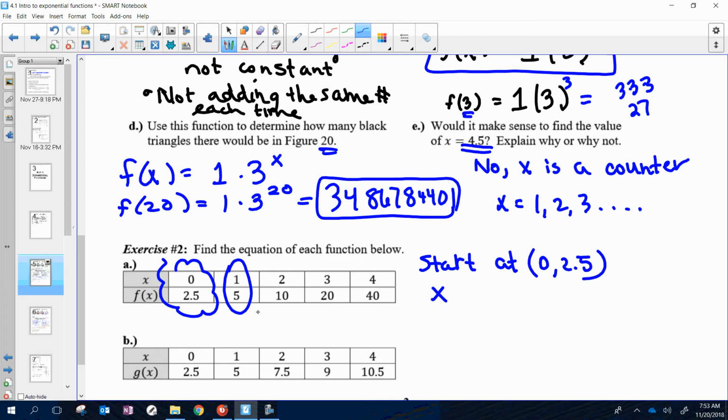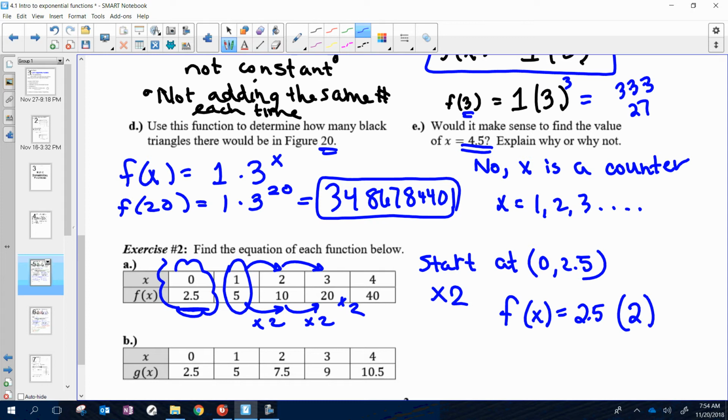And we are repeatedly multiplying by 2. If you look at the pattern, each time x goes up by 1, this goes up by multiplying by 2. So my function would be start at 2.5 and repeatedly multiply by 2, and x counts how many of those 2's you need. So 2 to the x.